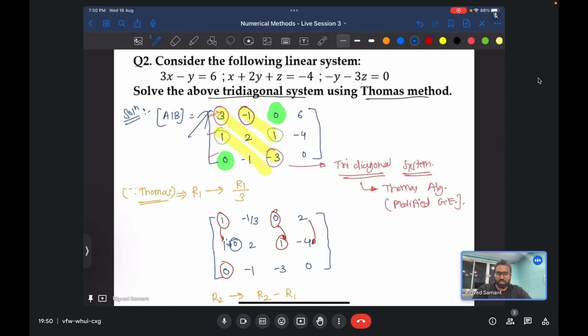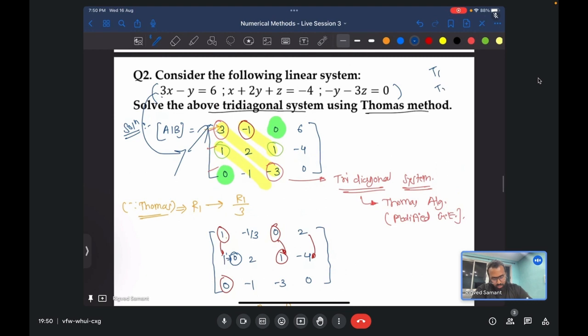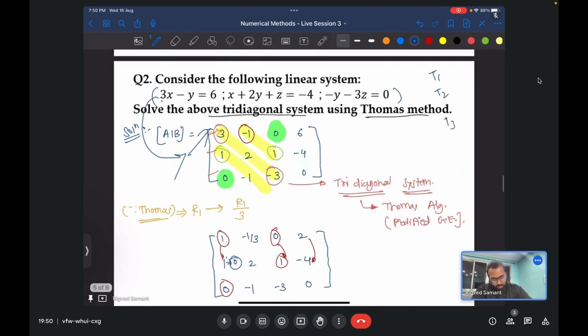After you get this, what I can do is, according to what we have, you wrote this one, right? Similarly, consider T1, T2, T3 as equivalent to X, Y, Z, and so on. I mean X1, X2, X3, X4.